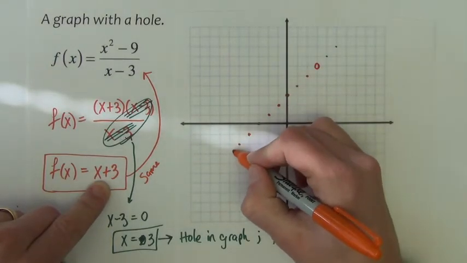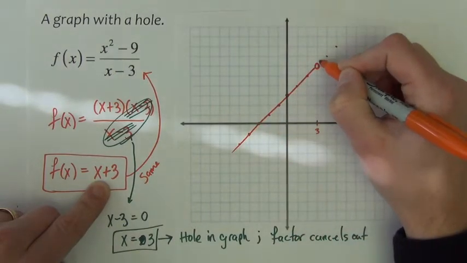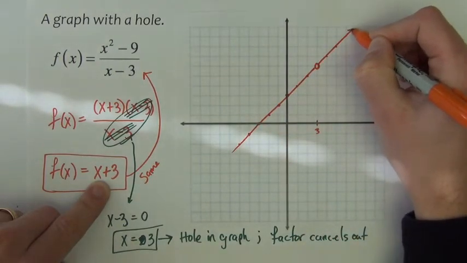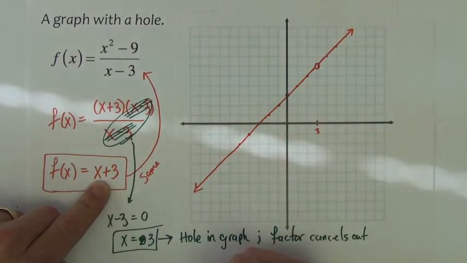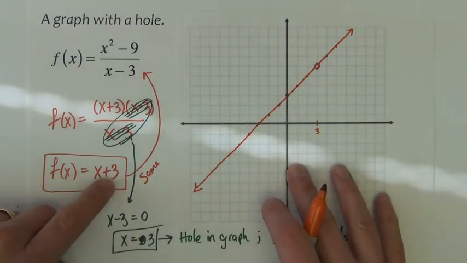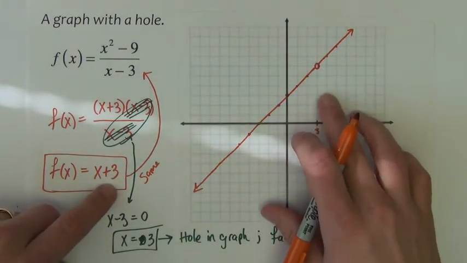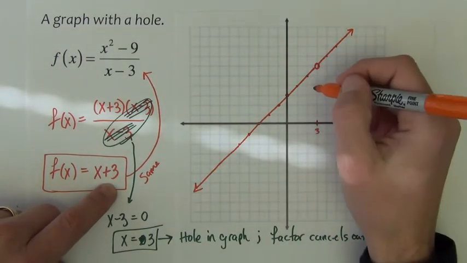So we look like this. And there's our graph. It doesn't look like the other ones at all. It's not curved at all. It's just a straight line that has a hole somewhere in the middle of it. That's it. And that hole is a discontinuity.